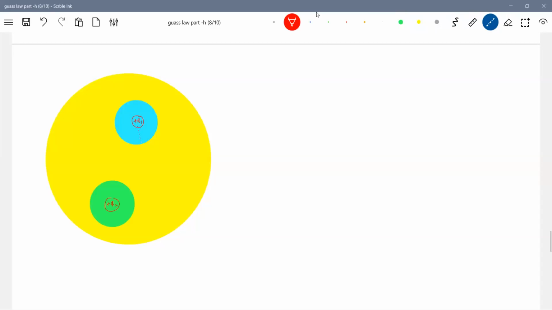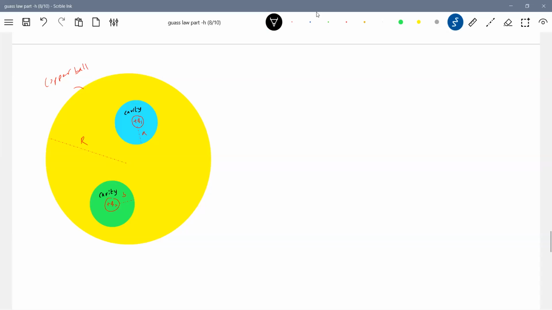Let's take a situation like this. Let the radius of this cavity be A, this be B, and that of the bigger ball let it be R. So there's a copper ball, and these are cavities. There's a cavity and there's a cavity.